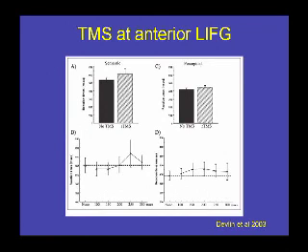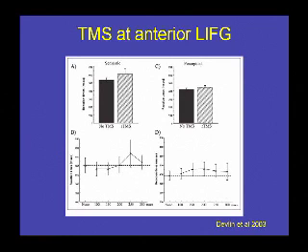But of course, they still have this time window of 300 milliseconds. And in order to narrow that down, they decided to use single pulses. So on different trials, they would do a single pulse at 100, 150, 250, etc. for the whole 300 milliseconds to see at what point the effect was actually happening.